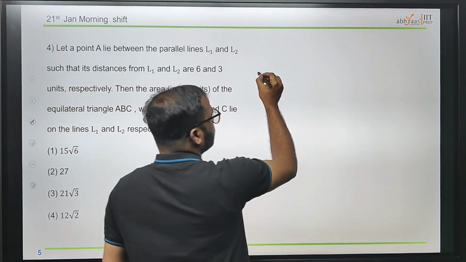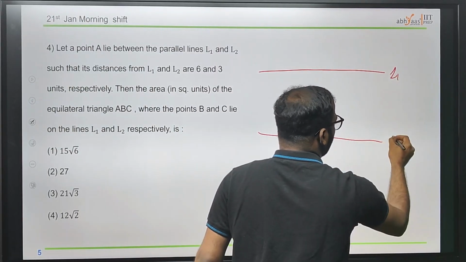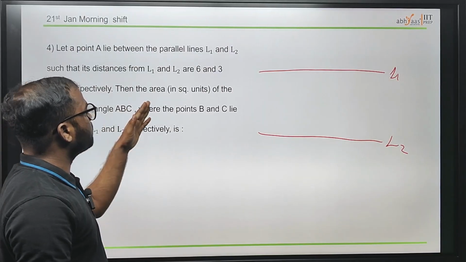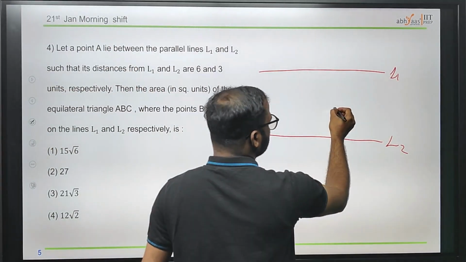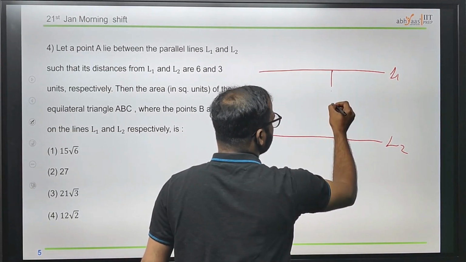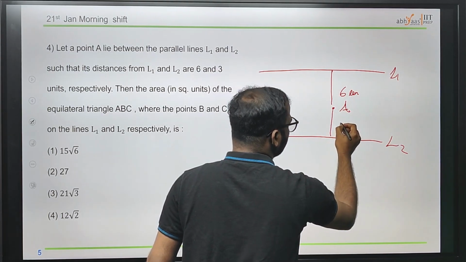If we draw the parallel lines, which are L1 and L2, and the distances from L1 and L2 are given from a point, which is assumed to be A. From L1 we have 6 units, and from L2 we have 3 units.